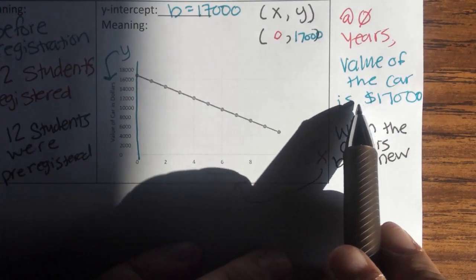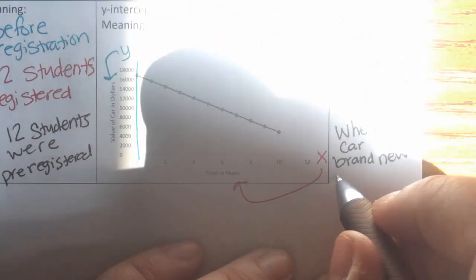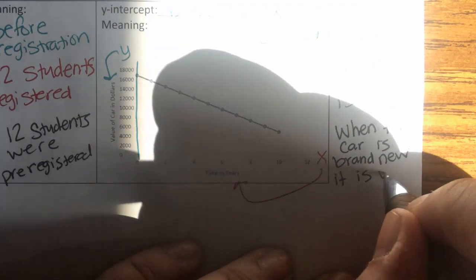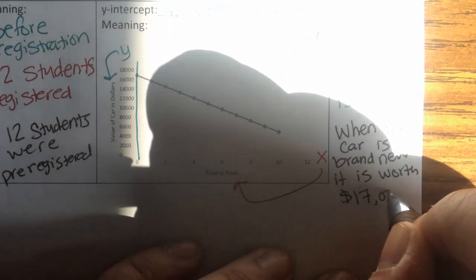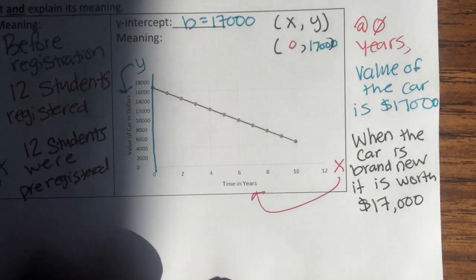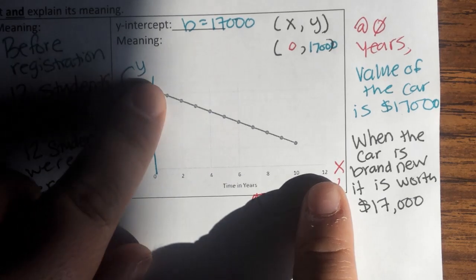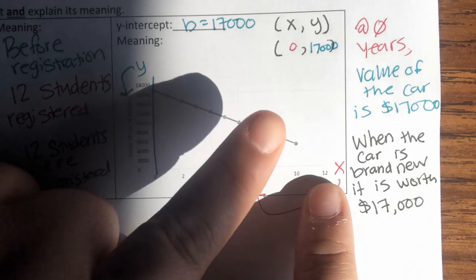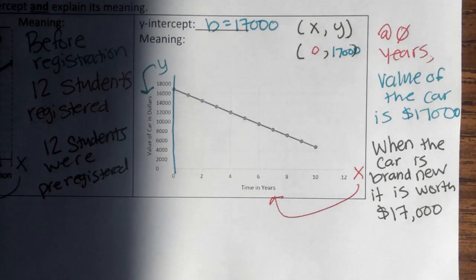When the car is brand new, its worth, or the value of it, is $17,000. And we can see as time goes by, the value is getting smaller, and that's kind of what happens in the real world too. As time goes on, as the years go by, your car's just not worth as much.